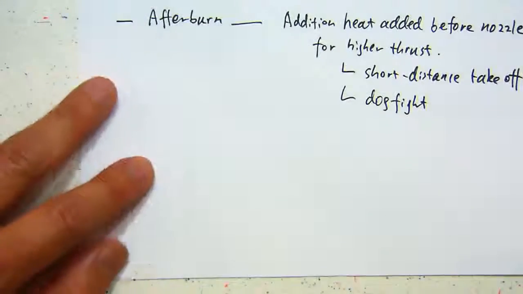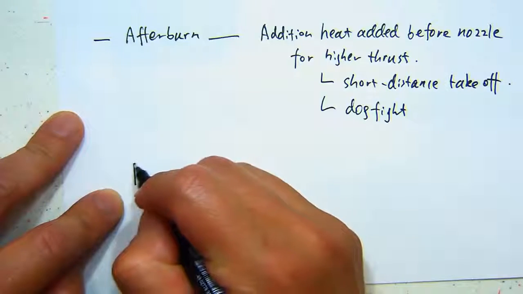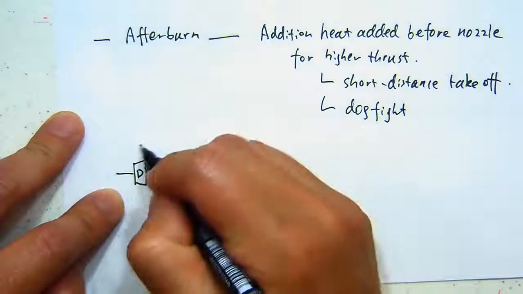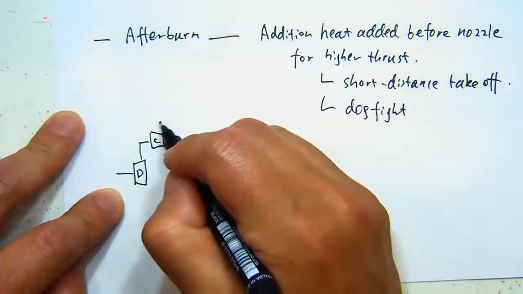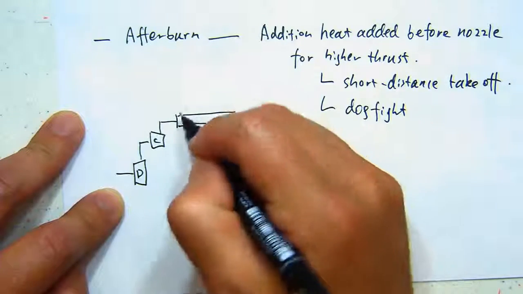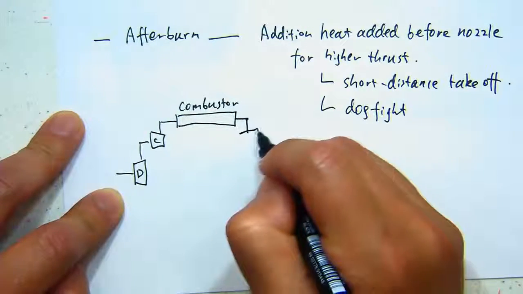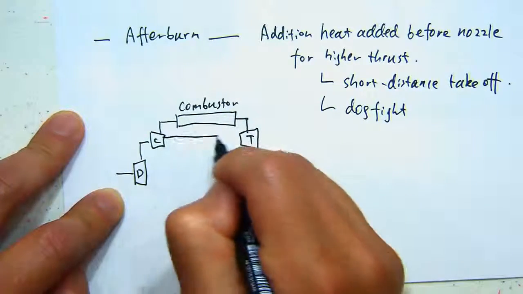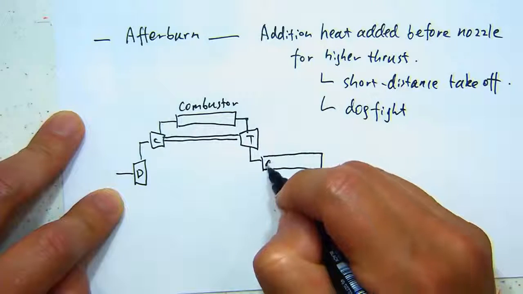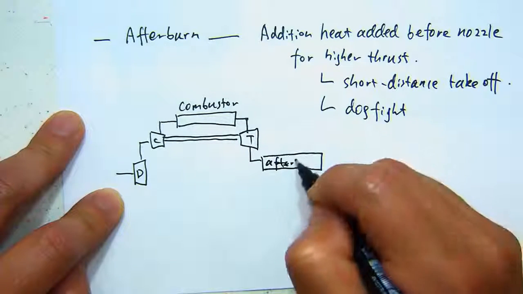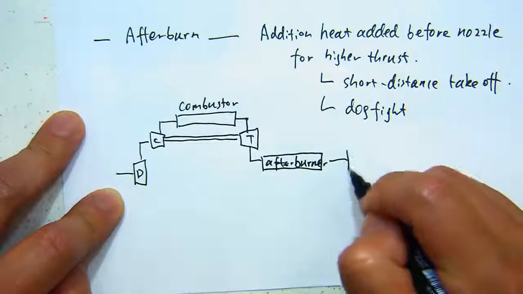So in terms of the system, we can see that we have a compressor, then combustor, then the turbine, then the afterburner, then going into the nozzle.